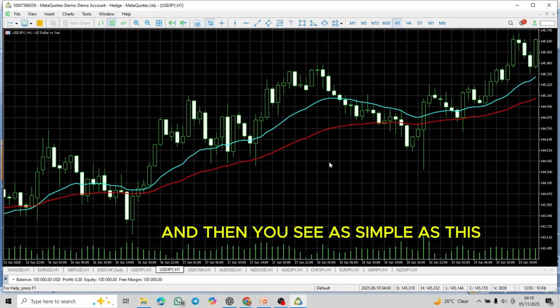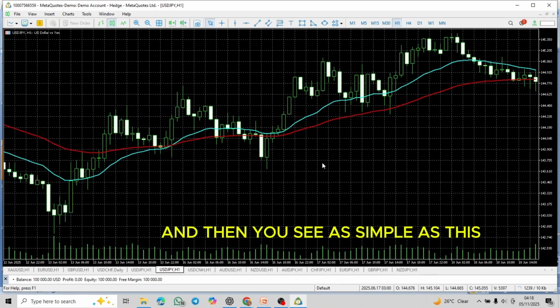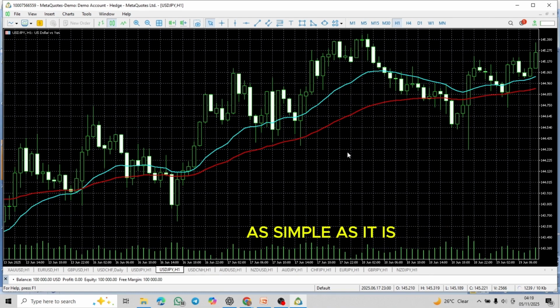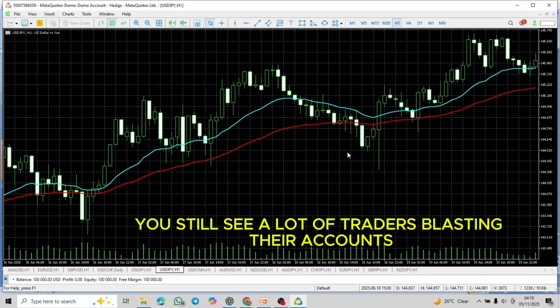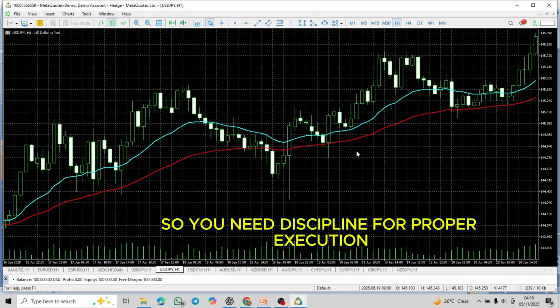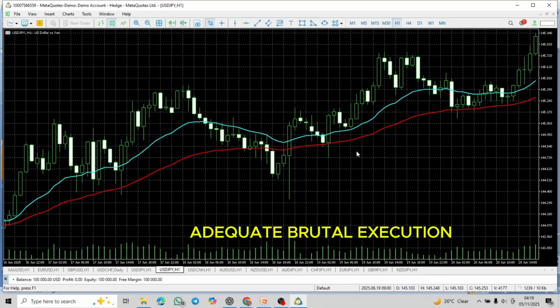And then you see, as simple as this technique is, it is worth thousands of dollars. As simple as it is, you still see a lot of traders blasting their accounts, and then you begin to wonder what is happening. So you need discipline for proper execution, adequate, brutal execution.